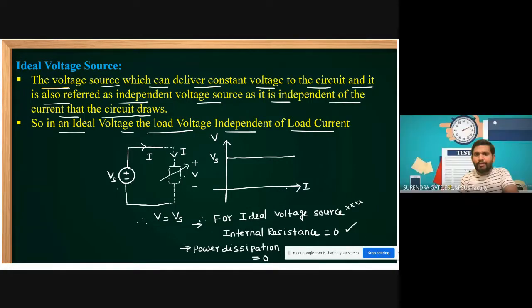If this axis is I and this axis is V, then we get the voltage V equal to Vs.